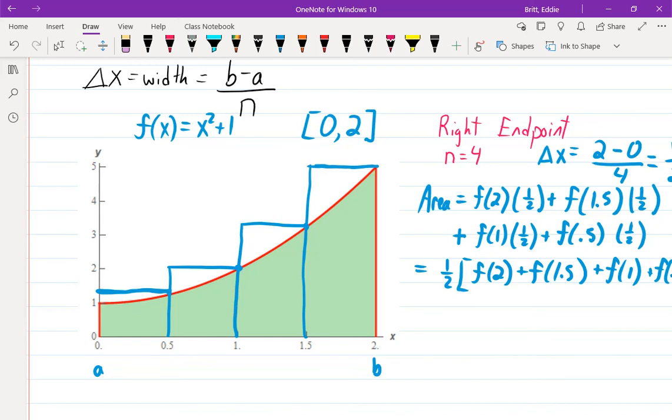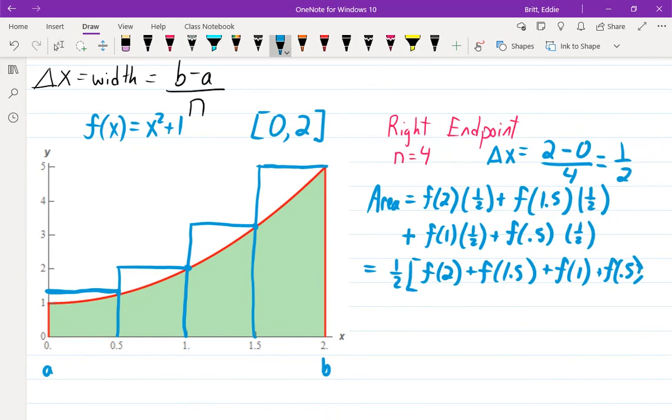Now let's calculate this real fast. All right, so this is going to be 1/2 times f of 2, so it depends on what the function is, and here's our function. That's going to be 5 plus f of 1.5.